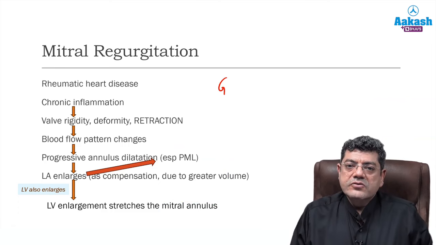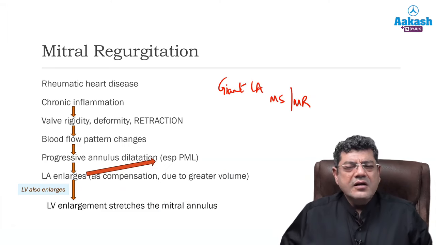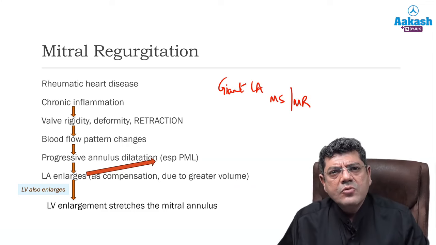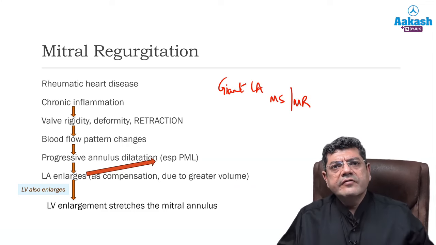So if they ask you in the exam, what's the cause of a giant left atrium, and you need to choose between MS and MR, which do you think will cause more enlargement of the left atrium?